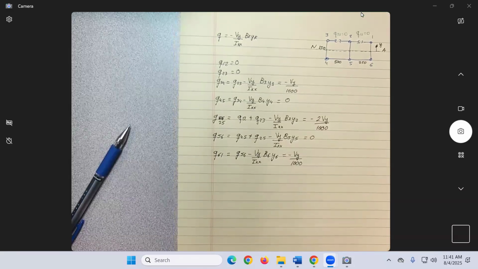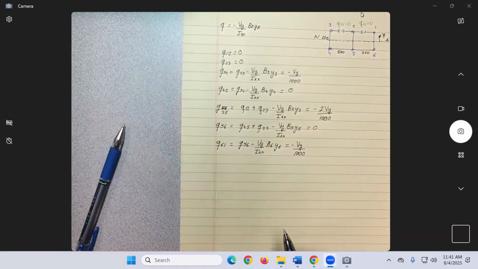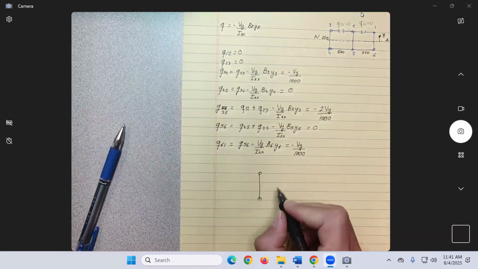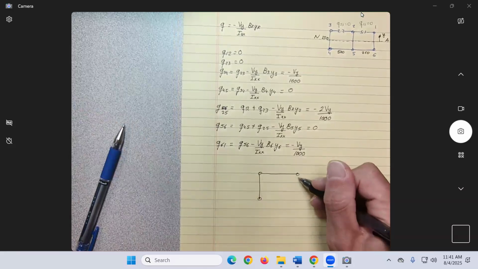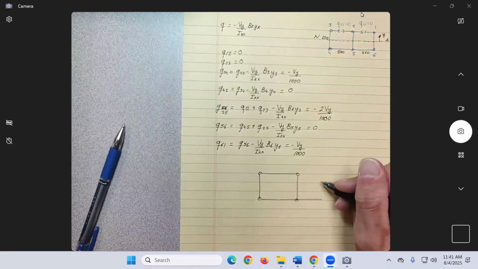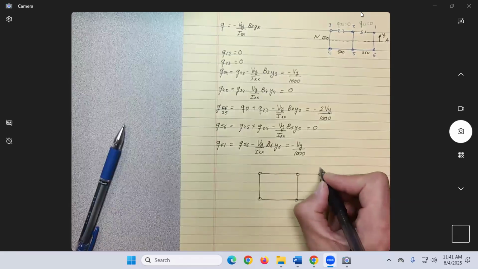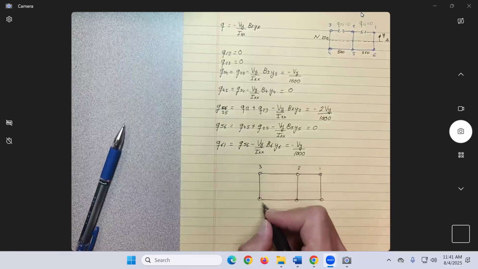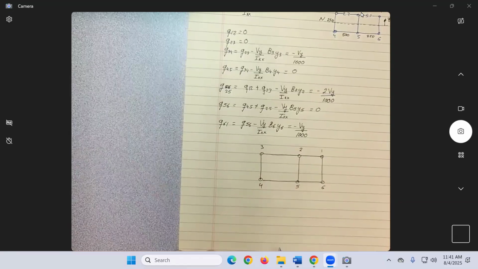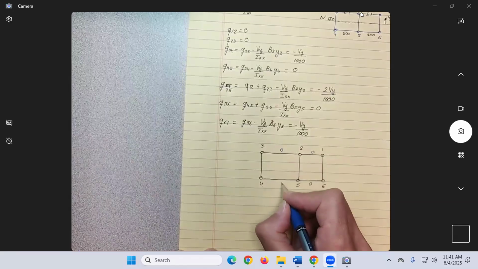But we do the calculations. So if I redo here a figure, let's see what we have. We have 0 here, 0 over here, 0 over here, 0 over here.